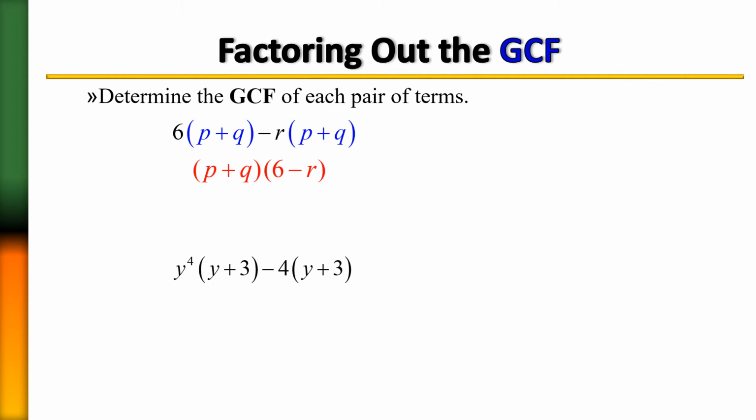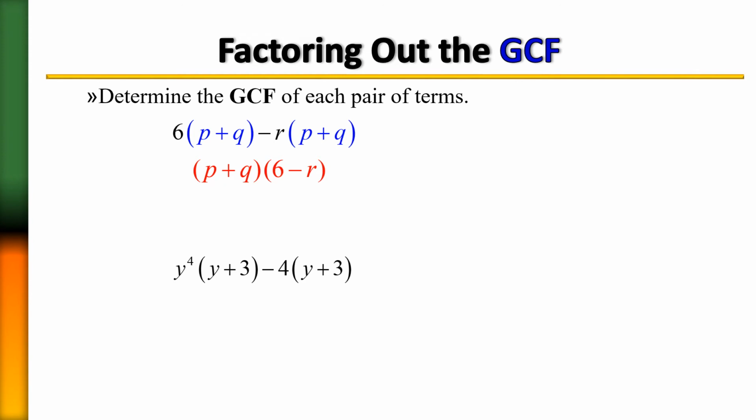Now, does it matter who's first? No, it doesn't. If you think about it, 3 times 5 is 15. If I switch it and write it the other way, 5 times 3 is still 15. So recall that for multiplication, order doesn't matter, which means it doesn't matter if you put P plus Q in parentheses in the back and then put 6 minus R in the front.